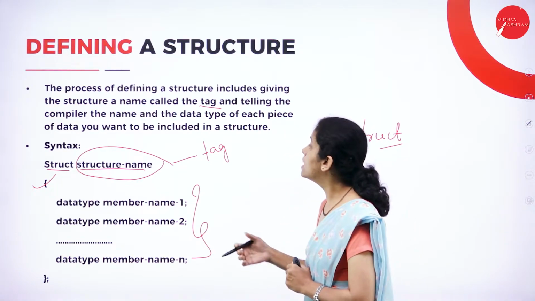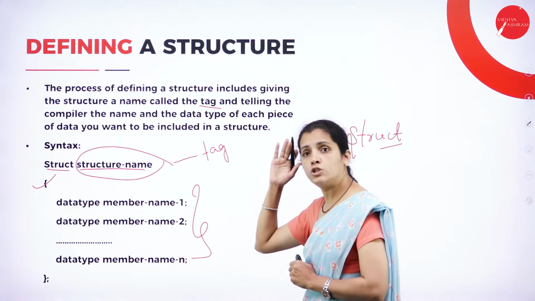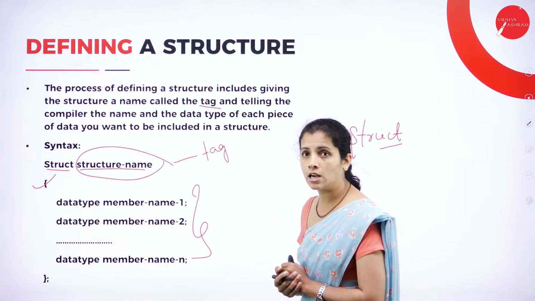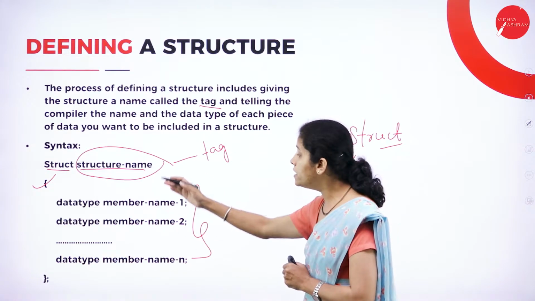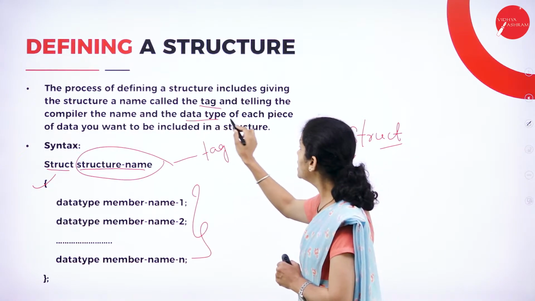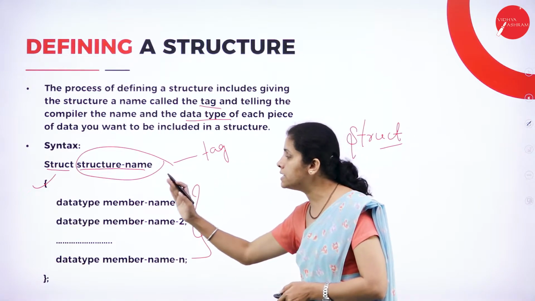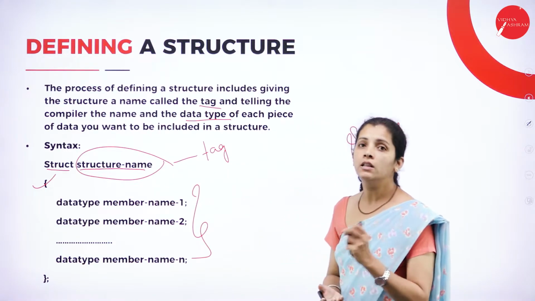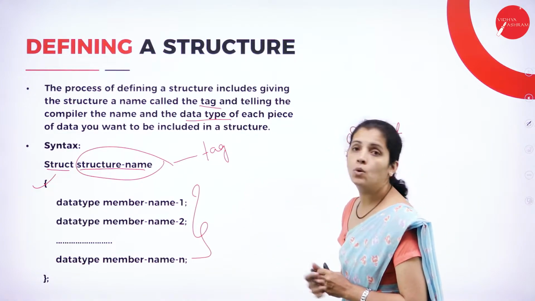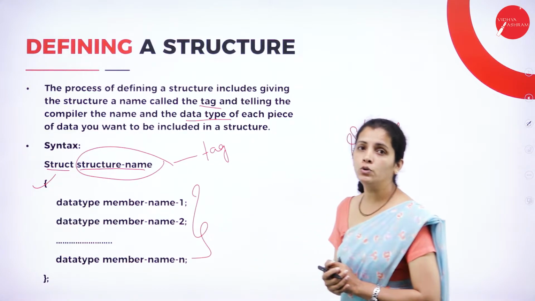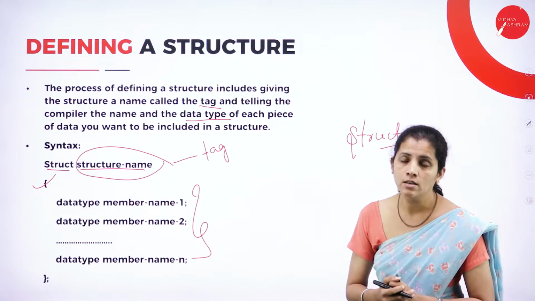That means the job of the structure is to inform the compiler about the name of the structure as well as the different data types, that is, the different data members present in that structure. Now, let me write one simple example. Think that I'm going to create a student structure.